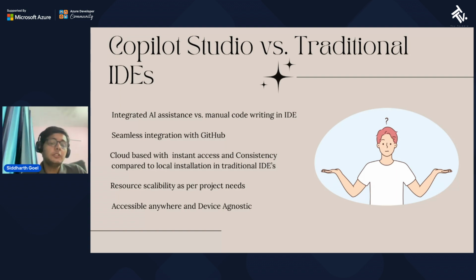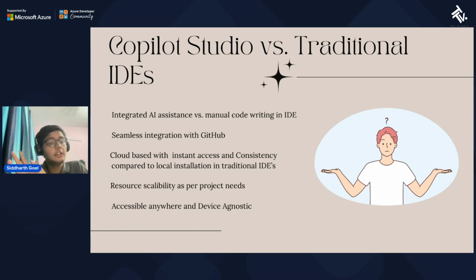As Copilot Studio is able to navigate between the resources, since it's a cloud-based solution, you can manually set how much CPU and how much memory you are using for a project. So let's say if I'm at the initial stages of my project, I need less computation power, so I can set the usage to low. And as my project scales, with more and more files and more lines of code, and more computation power is needed, I can adjust those needs accordingly.